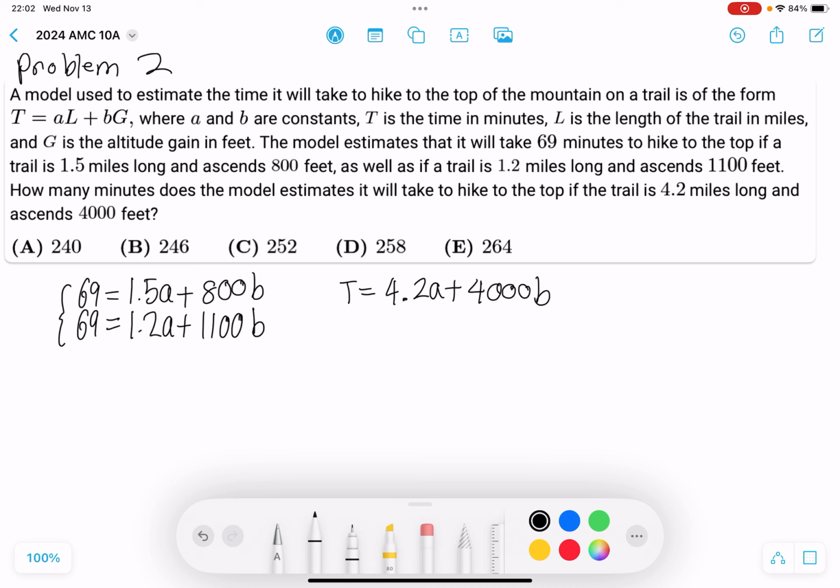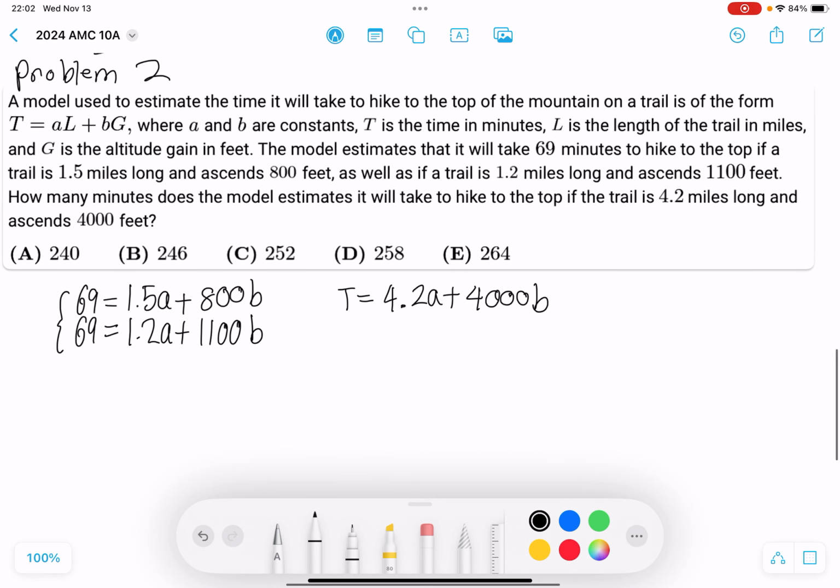Okay, so let's solve these equations, because we want to know A and B, the constants, which we'll plug into this equation to get T. To solve this, we're going to cancel out some variables. We can multiply the bottom equation by 11 over 8.